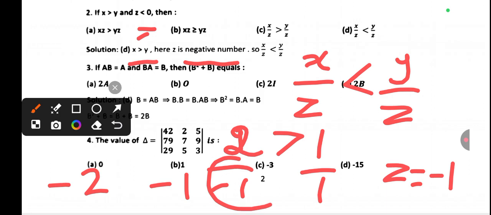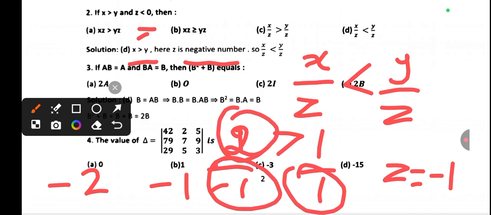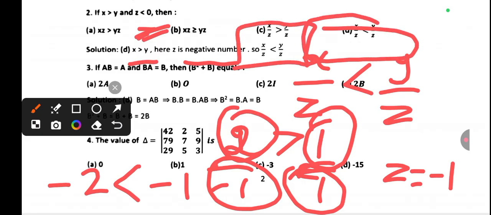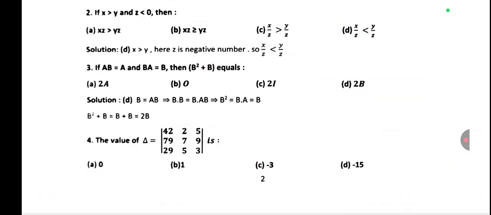Since the negative value comes, the bigger number becomes the smaller number and the smaller number becomes the bigger number. So the greater than symbol becomes a lesser than symbol. Understood? Even though X is greater than Y, it reverses since Z is less than 0. So X by Z is lesser than Y by Z. D is the answer.